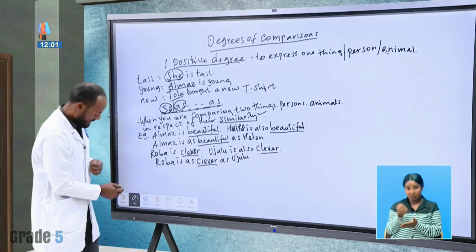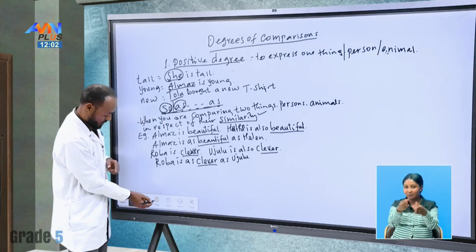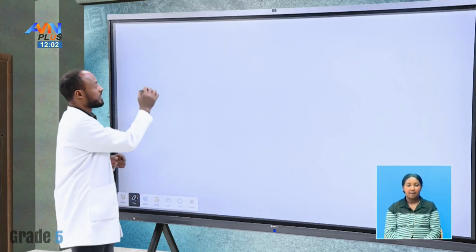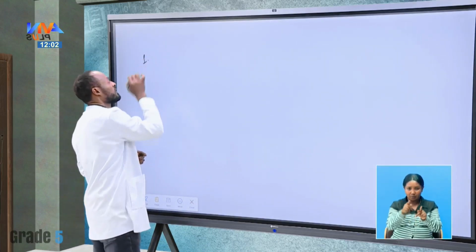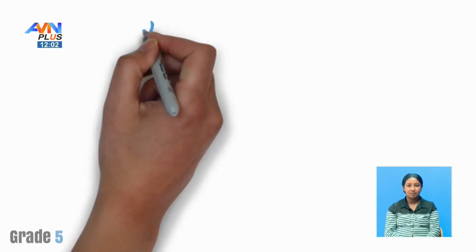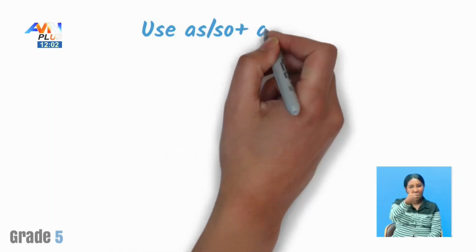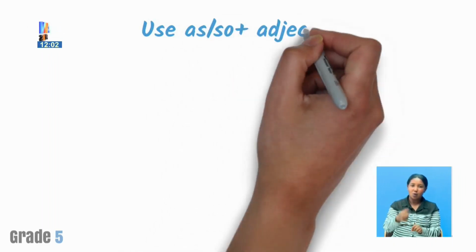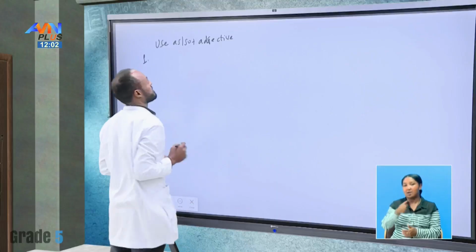Come on. Now let me give you one activity about this one. Do individually. Question number 1. Use as or so, then plus adjective.